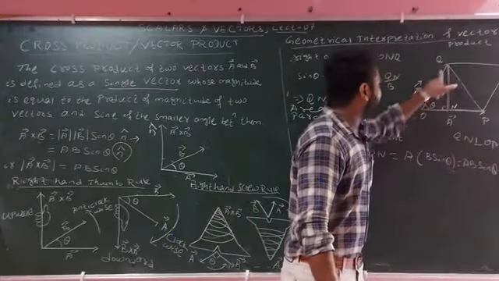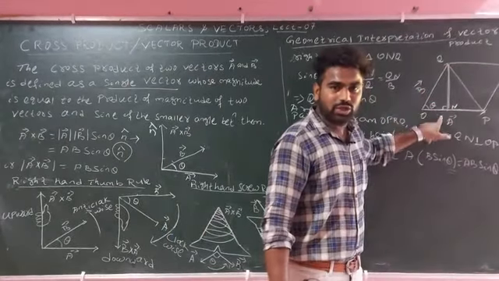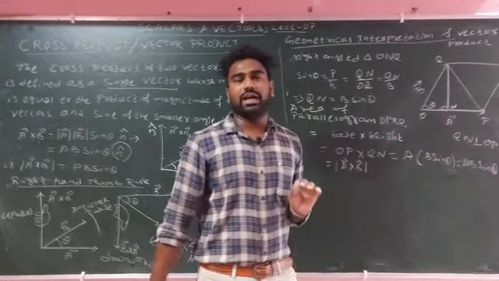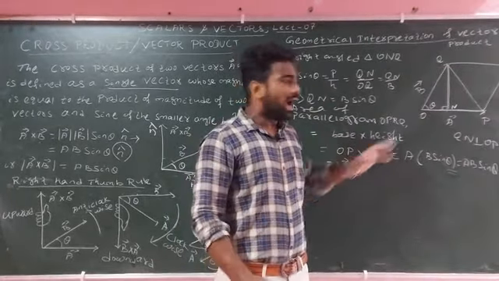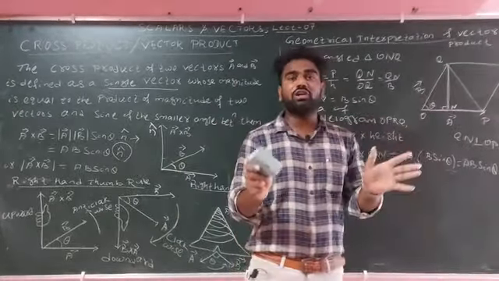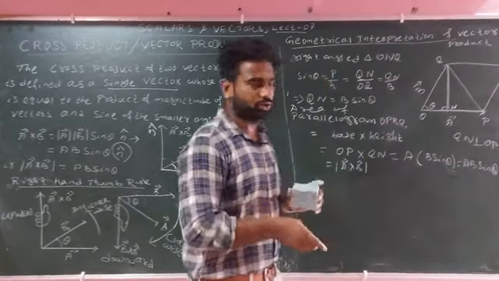A vector and B vector are the two adjacent sides whose magnitude gives the area of a parallelogram. Adjacent sides means संलग्न बाहुद्वय.